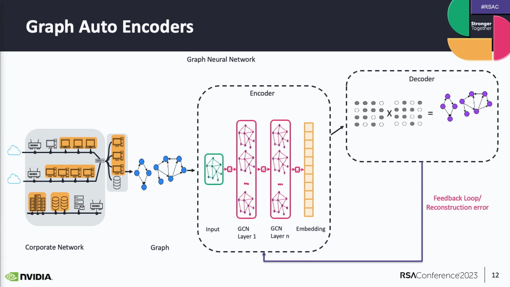Why do we do this? Why do we take this graph, learn embeddings, and then transform it back to the input graph? Well, practice. We want the model to learn and minimize this reconstruction error between the output of the decoder and the input to the encoder.